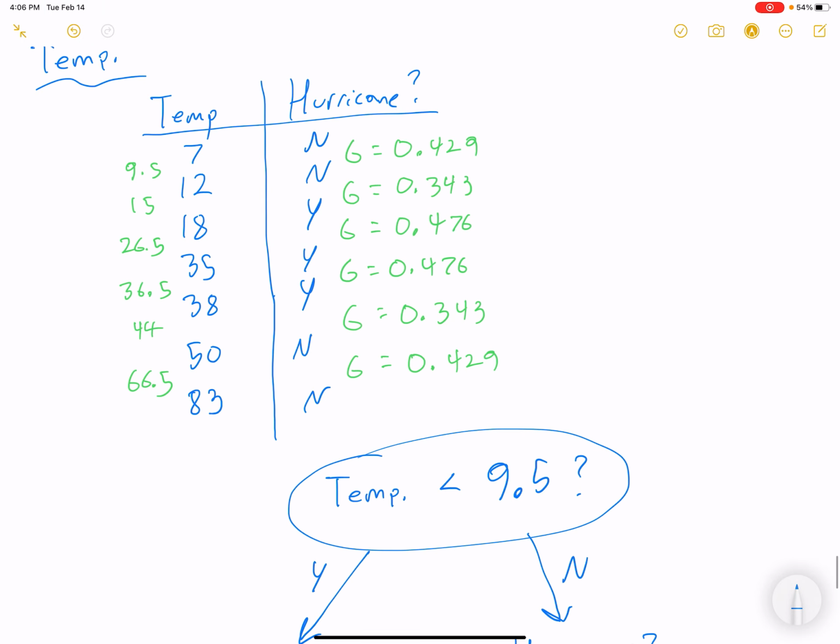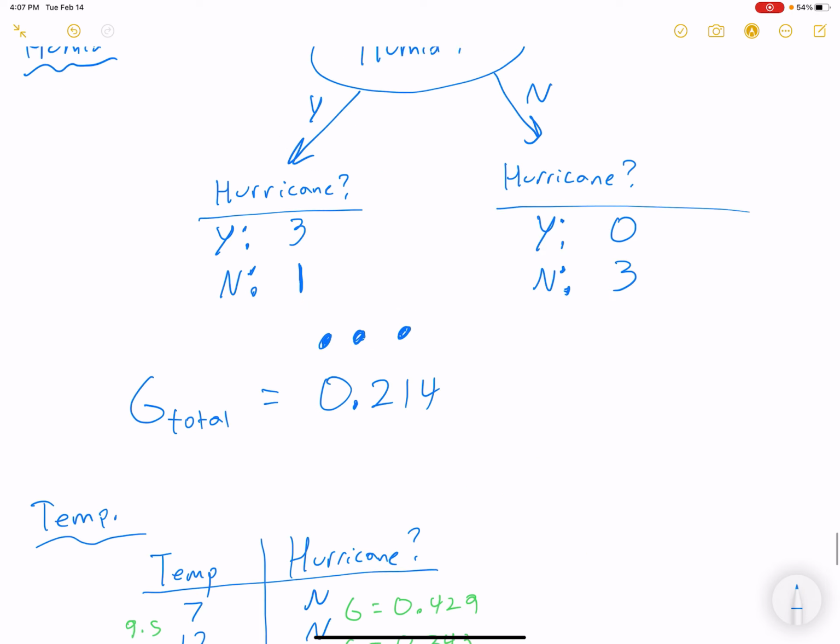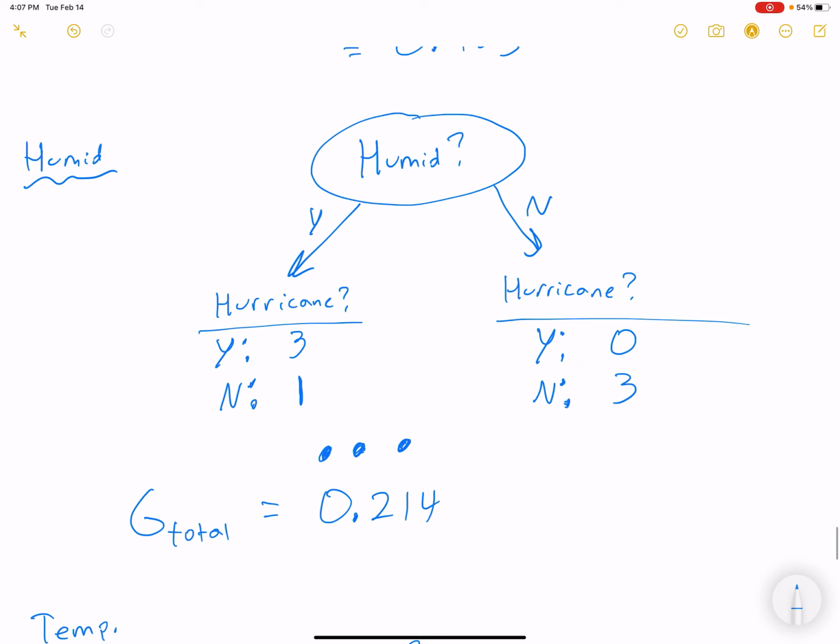And then we have several Gini impurities for different values to split on for the temperature. And we note that none of these Gini impurities for temperature are lower than our one for humid, and therefore our first split will be on humid, and so the root of our tree will be humid.